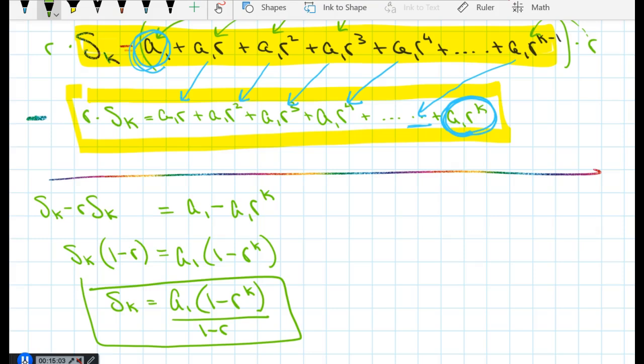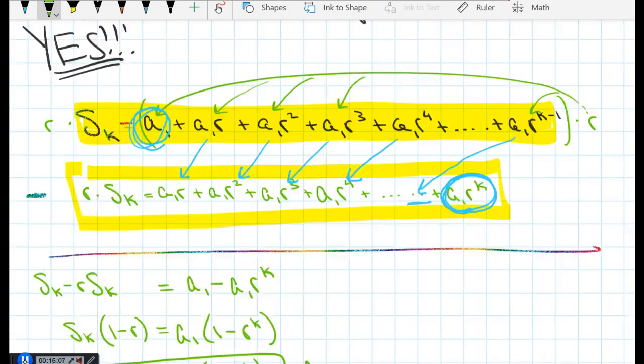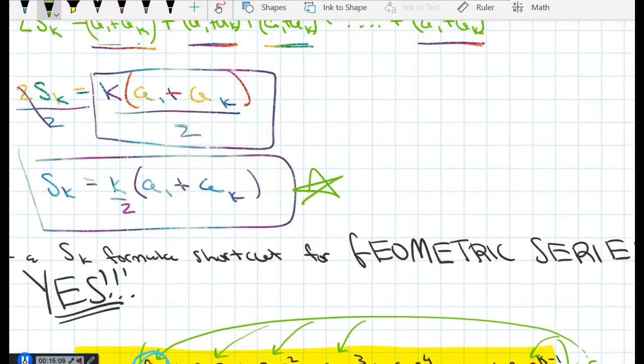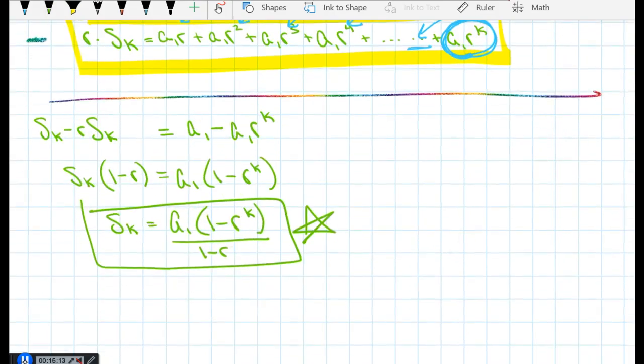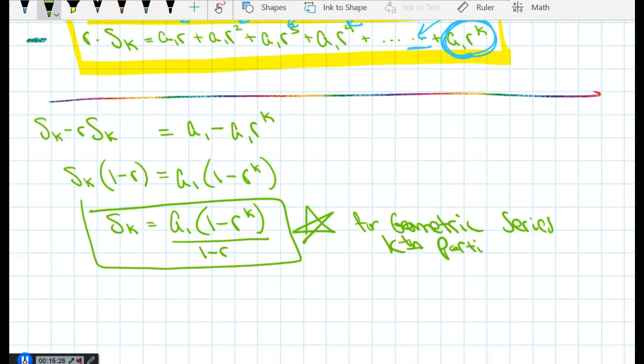Okay, so there you have it. You now have your k-th partial sum formula for a geometric series and your k-th partial sum formula for an arithmetic series. And not only that, you have the derivation. All right, so this is for geometric series, k-th partial sums. All right, so make sure you have that down there.